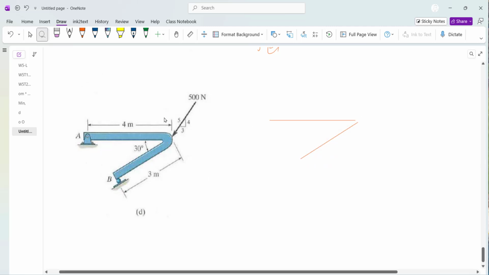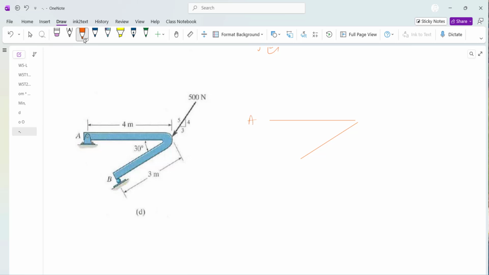Okay, I bring it here. That's a broken line. This is point A, this is point B.